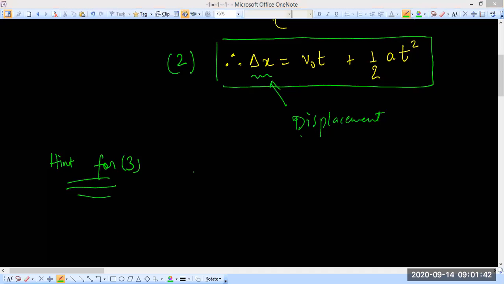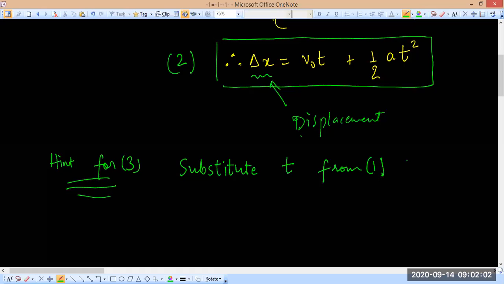The hint is, for the third equation, you have to substitute the value of t from 1 into 2.